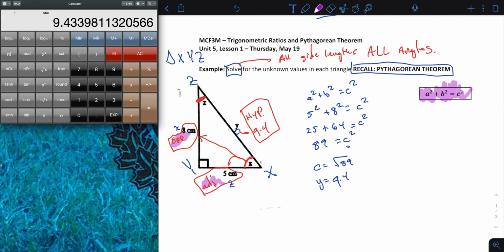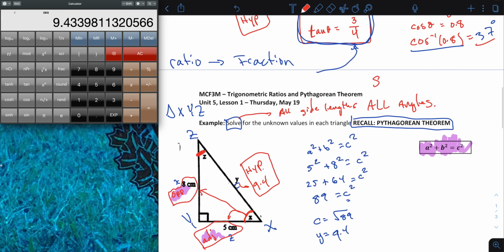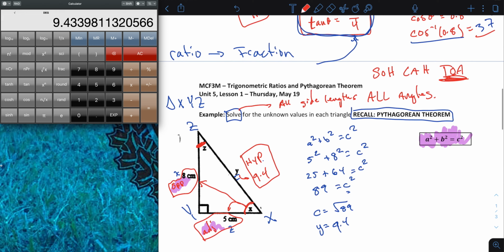If I were to rewrite SOH CAH TOA, opposite and adjacent sounds like tangent. So I'm going to do the work here for angle X. So tan X is going to equal 8 divided by 5, opposite over adjacent.